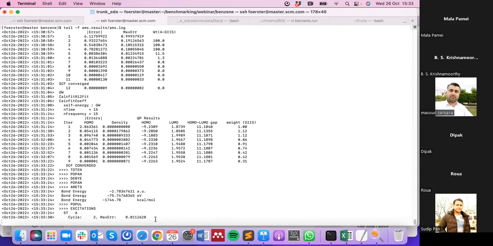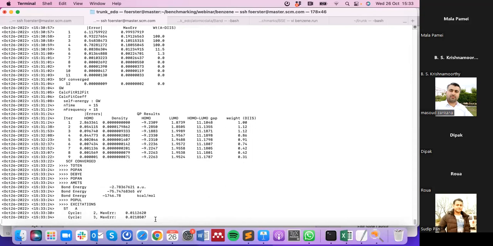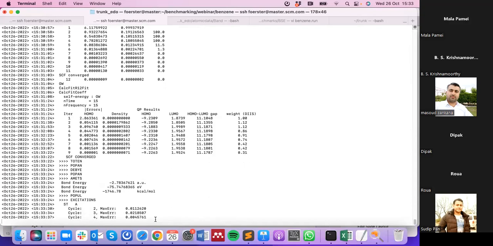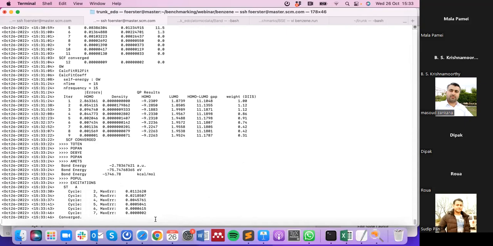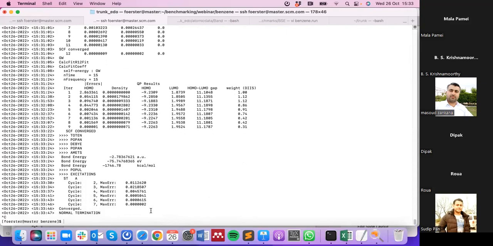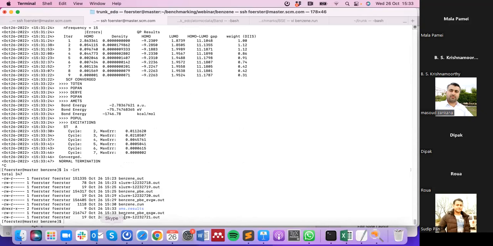Yeah, and as I said before, this is completely independent of the starting point. If I would have started from B3LYP instead of PBE, I would get exactly the same result, depending of course on my convergence criteria. We are converged. All right, let's look at the result.